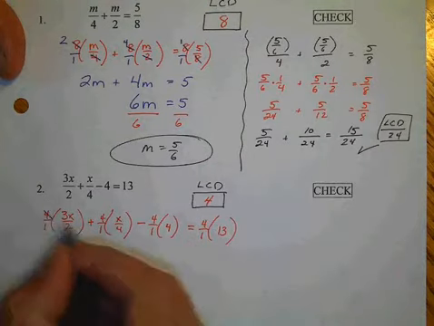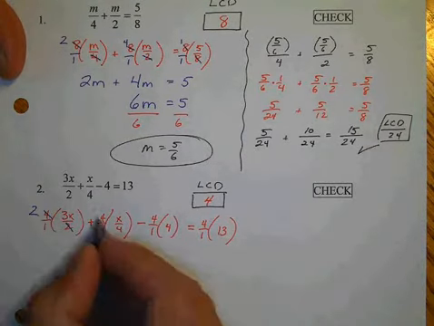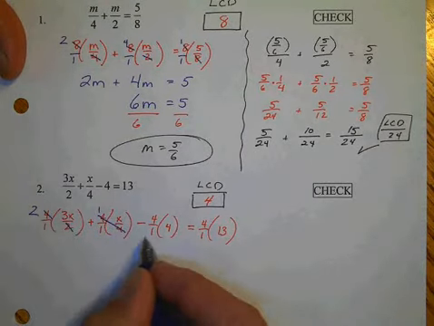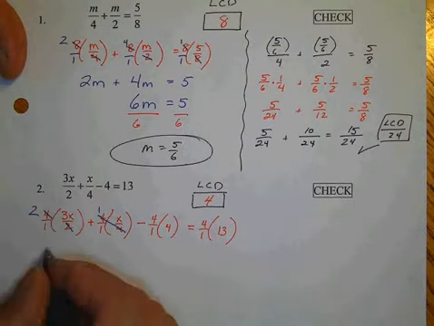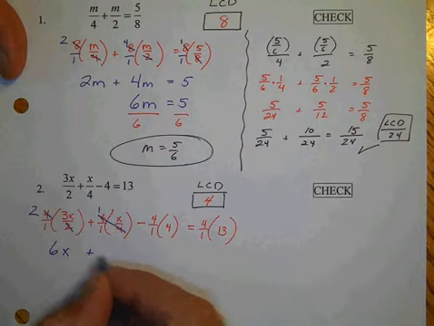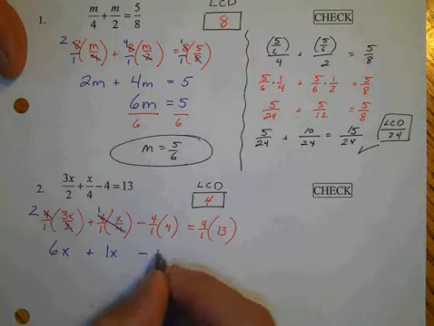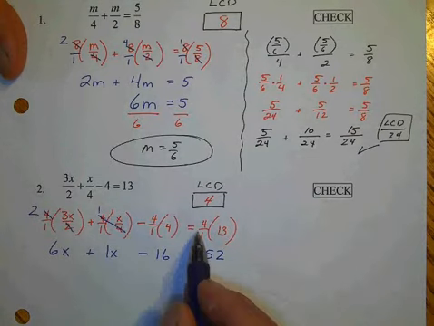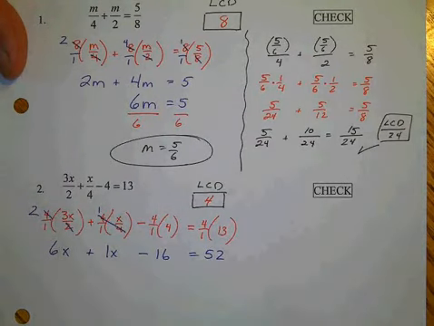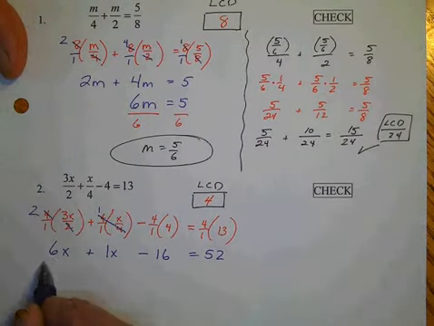Now we're going to cancel. 2, 1, no canceling and no canceling. We now multiply across, and we get 6x plus 1x minus 16 equals 52. 52 is 4 times 13. Now let's combine our like terms. I'm going to underline those.